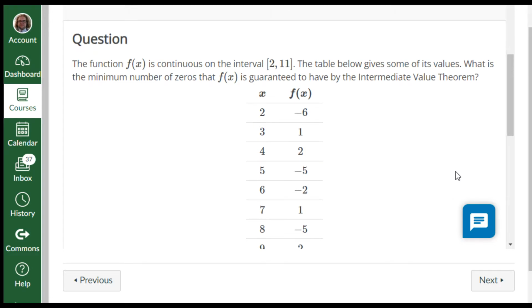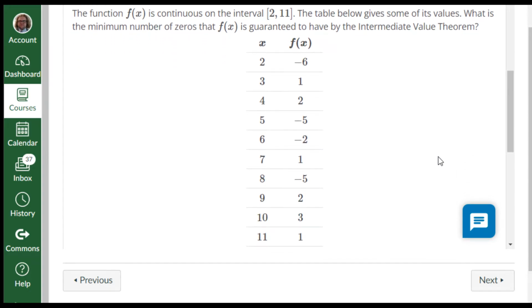All right, this is a different objective. This is the objective of the intermediate value theorem. And all we got to do is count up the number of times that f switches between being negative and positive. You can see right here, between x equals 2 and x equals 3, f of x changes from being negative to positive.